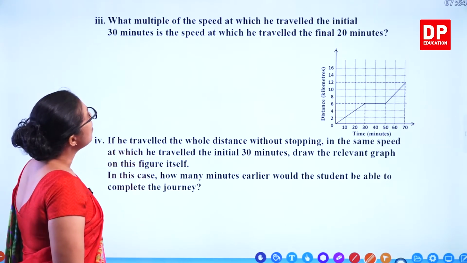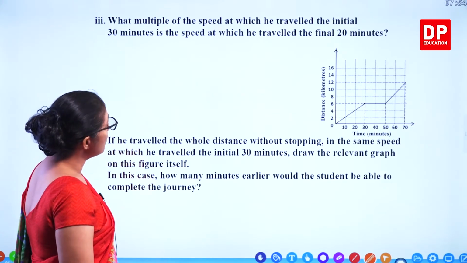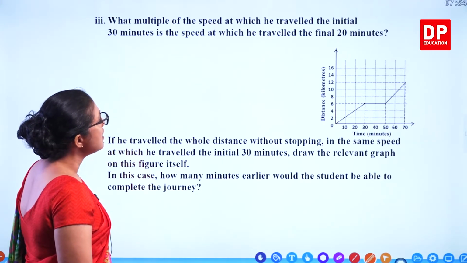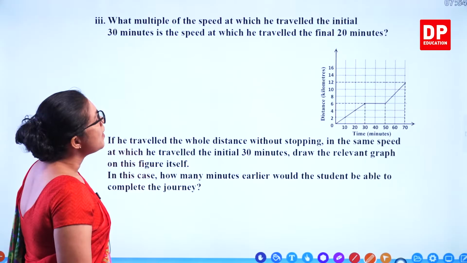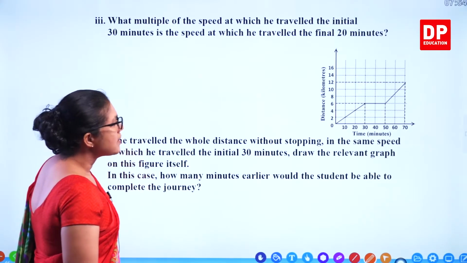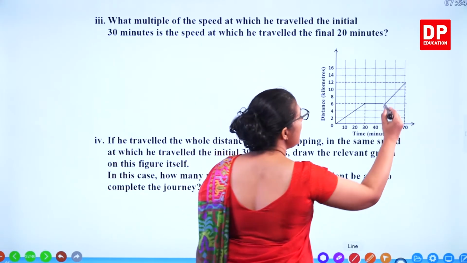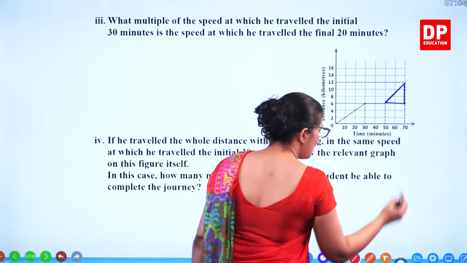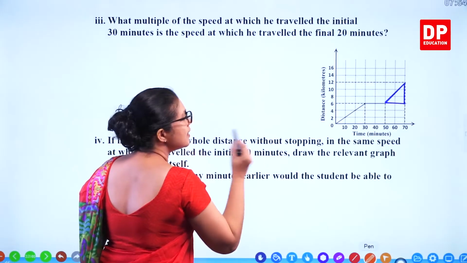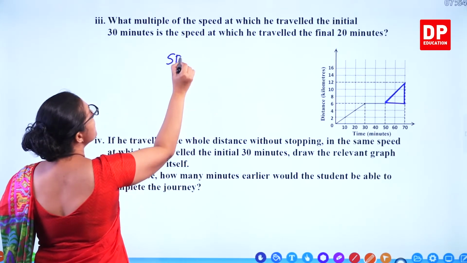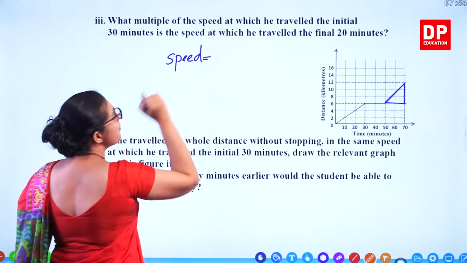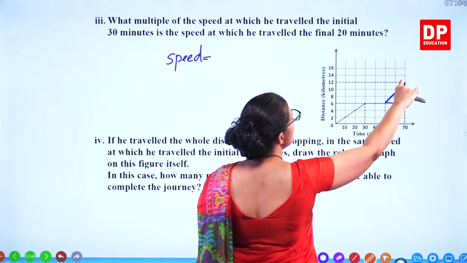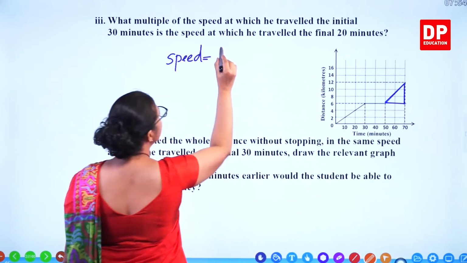What multiple of the speed at which he travelled the initial 30 minutes is the speed at which he travelled the final 20 minutes? So what's the speed here? Here to here. So we'll find out what's the speed there. Speed is equal to, what's the distance here? 12 minus 6.